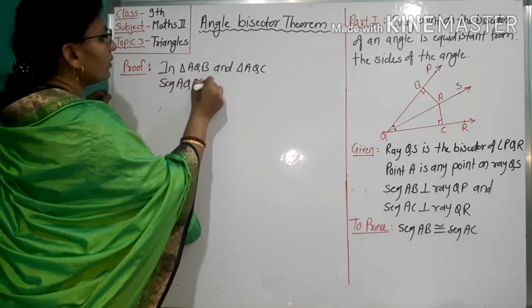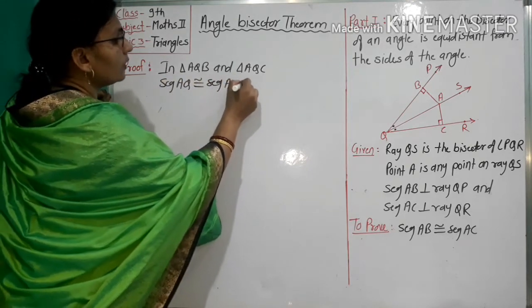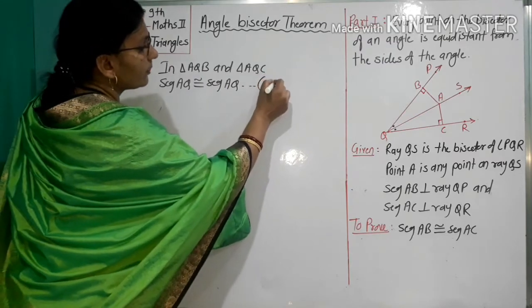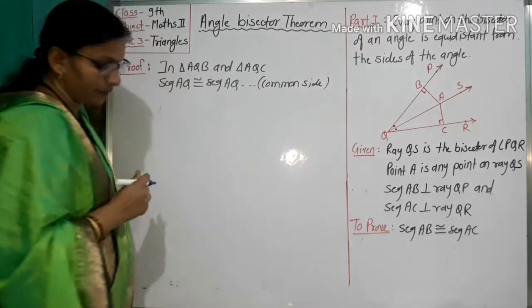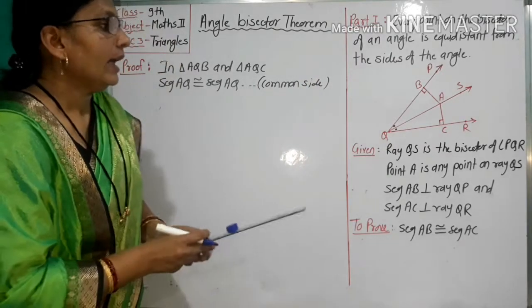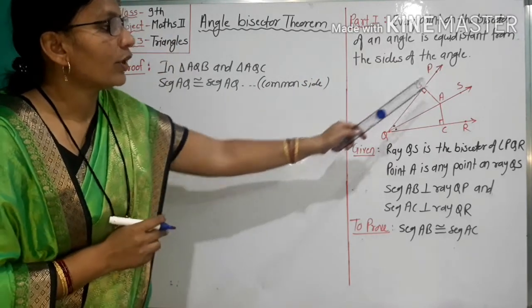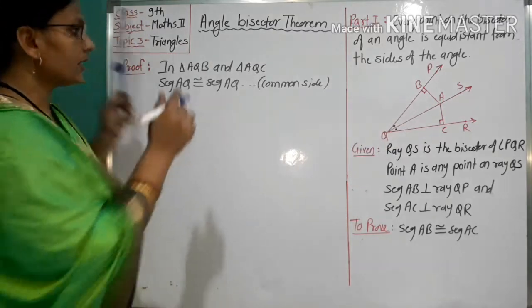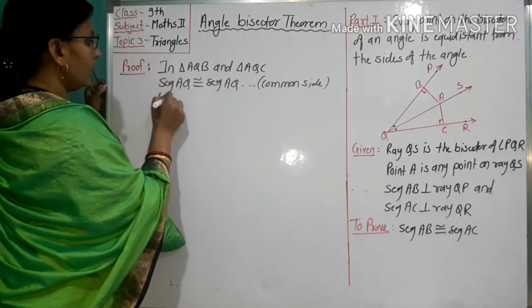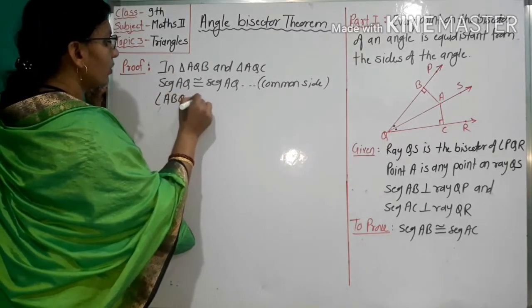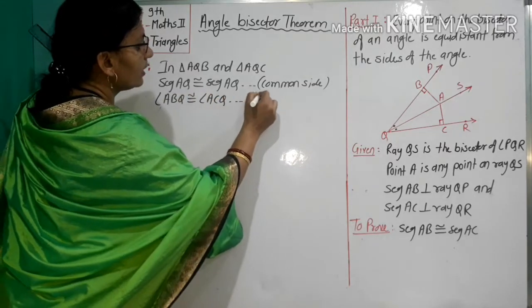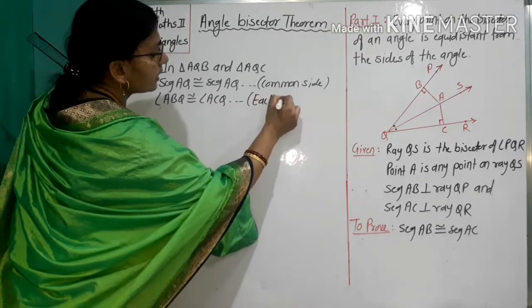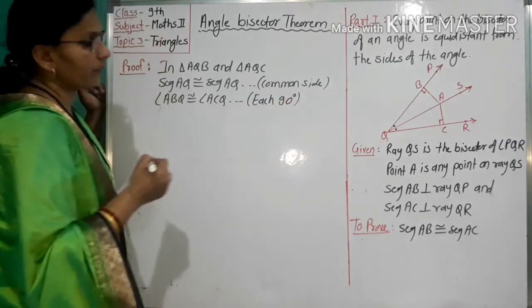Reason: common side. Here angle ABQ is congruent to angle ACQ, reason: each is 90 degrees.